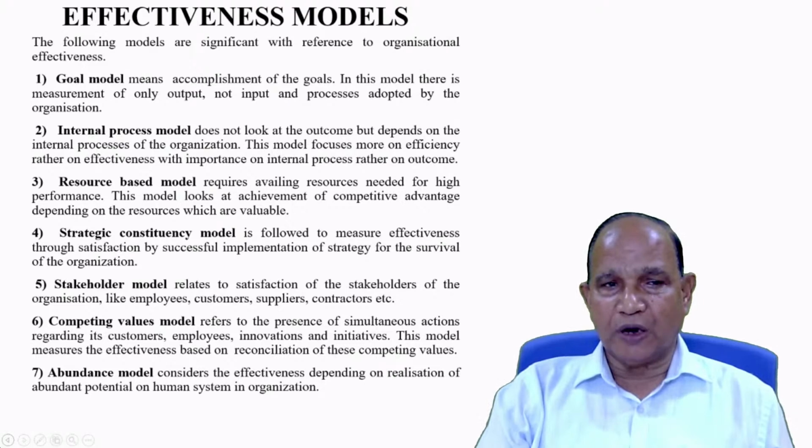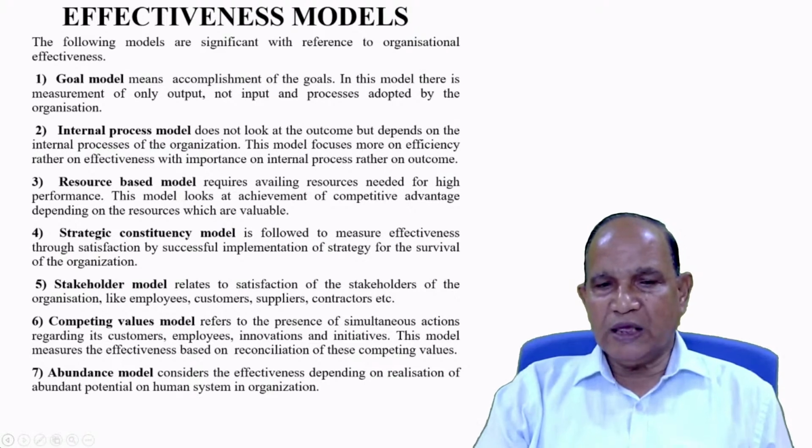Then the second model is related to internal process. This internal process model doesn't look at the outcome but depends on the internal process of the organization. This model focuses more on efficiency rather than effectiveness, with importance on internal process rather than outcome.